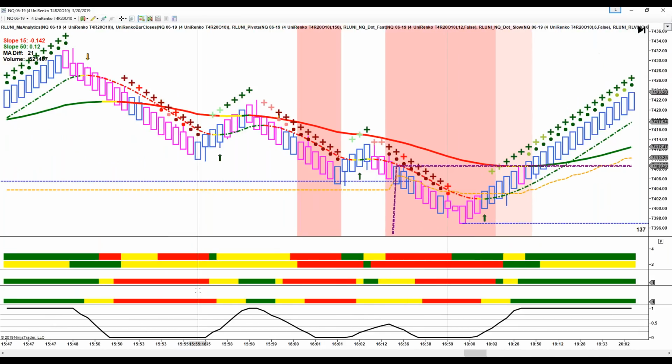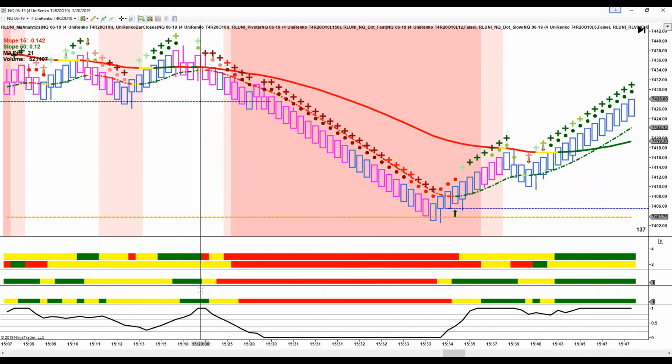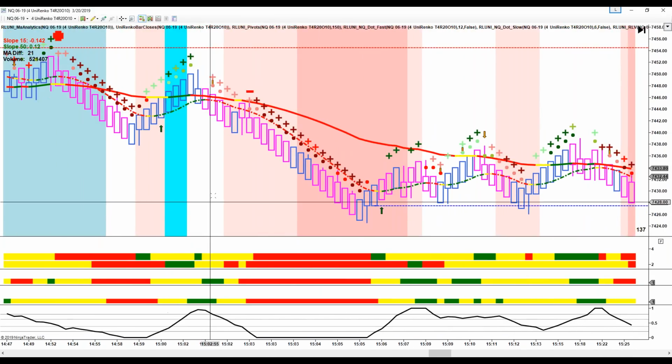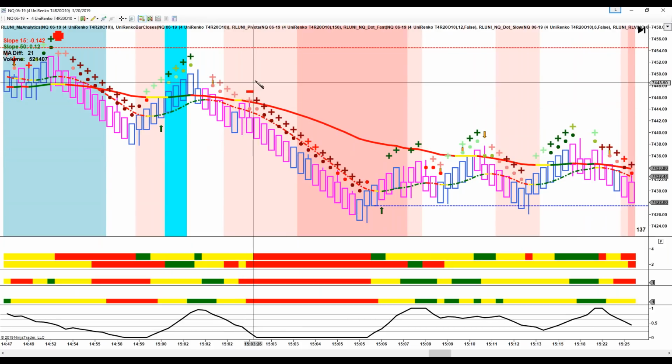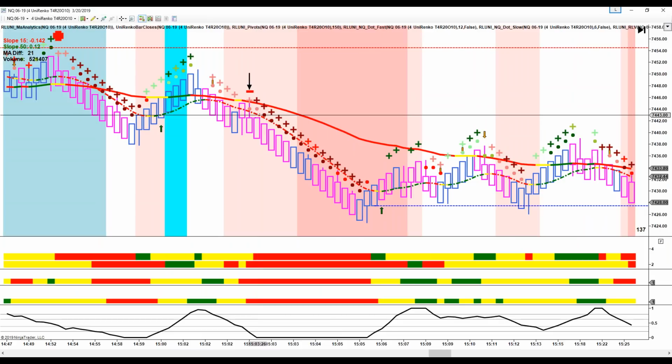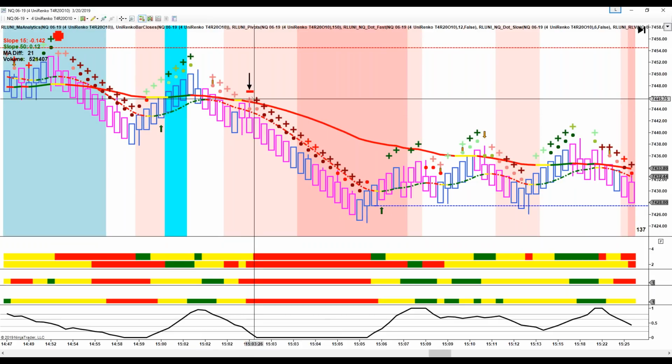Now there are two software generated entries. This is one. It's called the continuation signal. And it's awesome. If you take a trade with this, it's very likely to give you a winner.